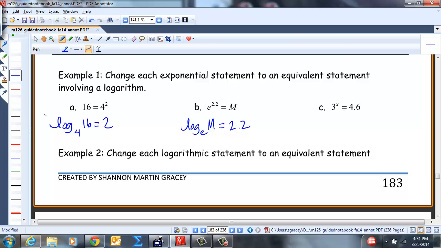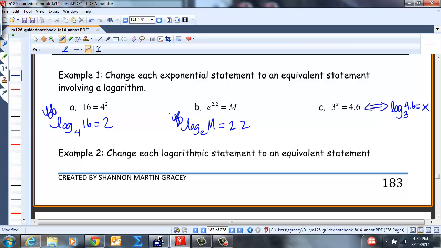You could write IFF, that means if and only if. I would have done a double arrow, but I did them below. So another way to do it would be like this. So log, what was our base? Good, 3. Our exponent this time was x, and what's left is 4.6. Okay?